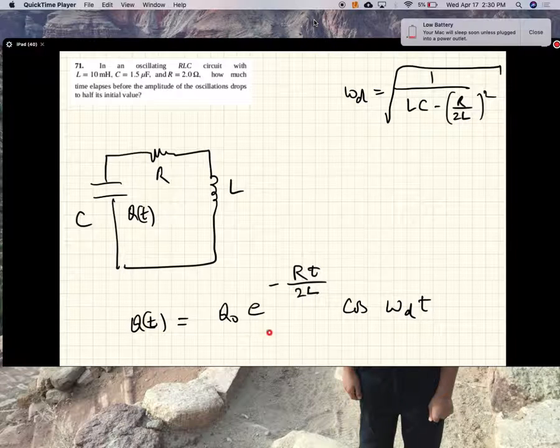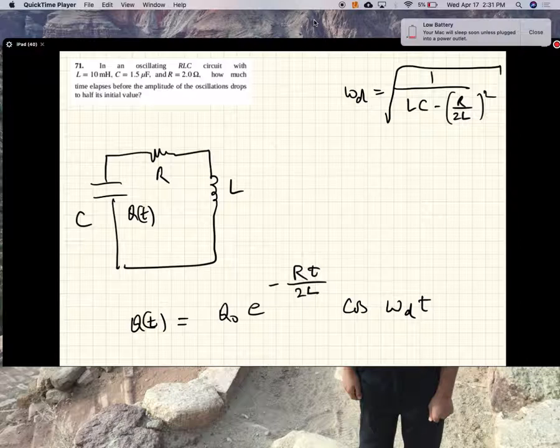You see the amplitude of oscillation is dying exponentially, and that's what matters to us. How much time lapses before the amplitude of the oscillation drops to half its initial value? Its initial value is Q naught, and at what time will this become a half is the question.